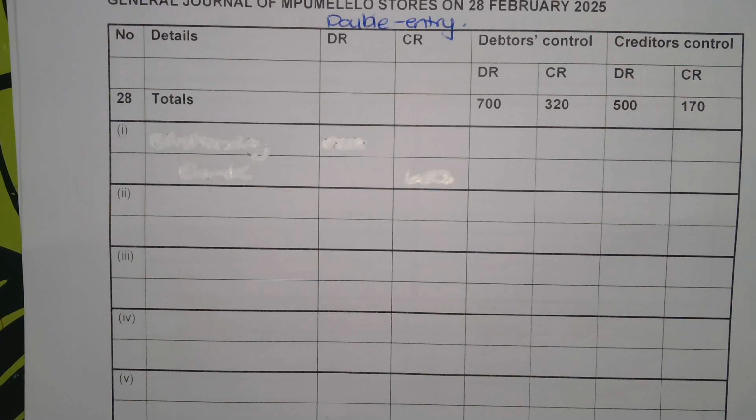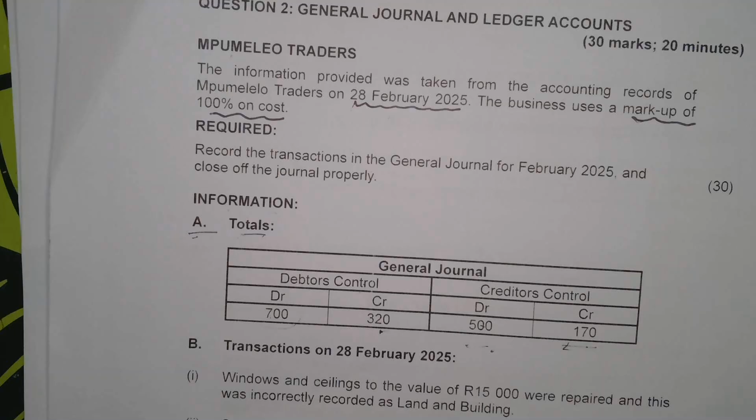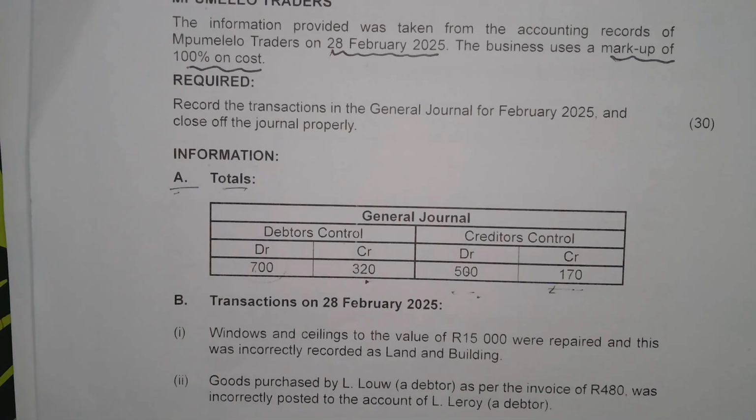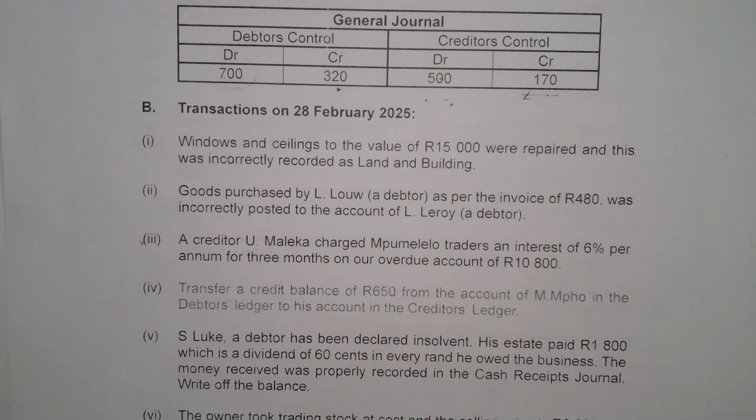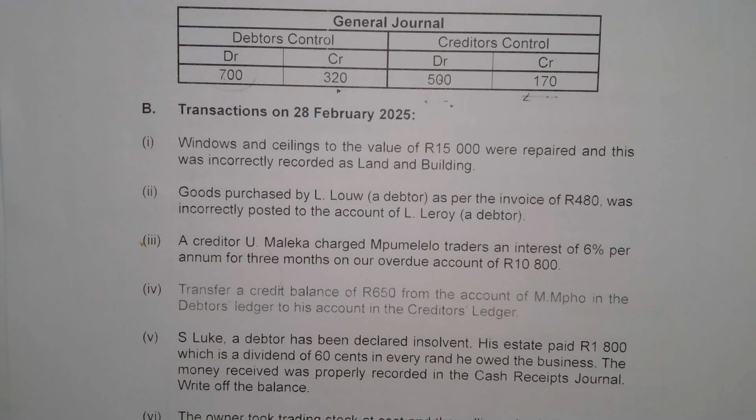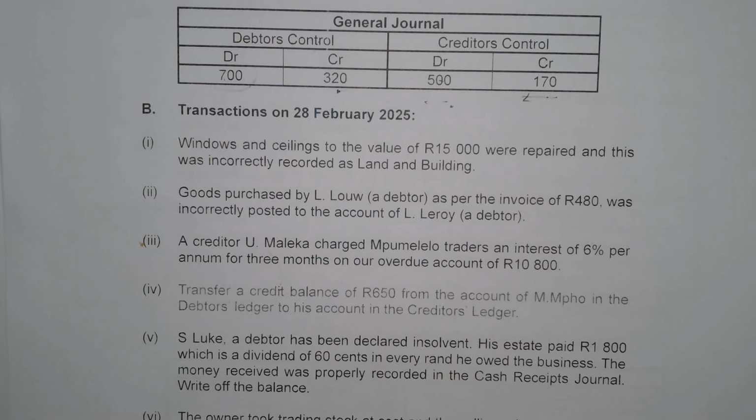So we are doing the month of Feb at the end of the month, which means these transactions didn't appear during the month, or they appeared during the month, but they are transactions that required special attention.